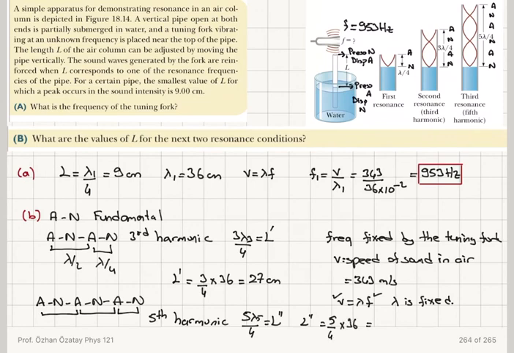Lambda is not changing, so L double prime is 5 over 4 times 36. This will be 45 centimeters. So the next two resonance conditions will occur when the length of the air column is 27 centimeters and 45 centimeters.